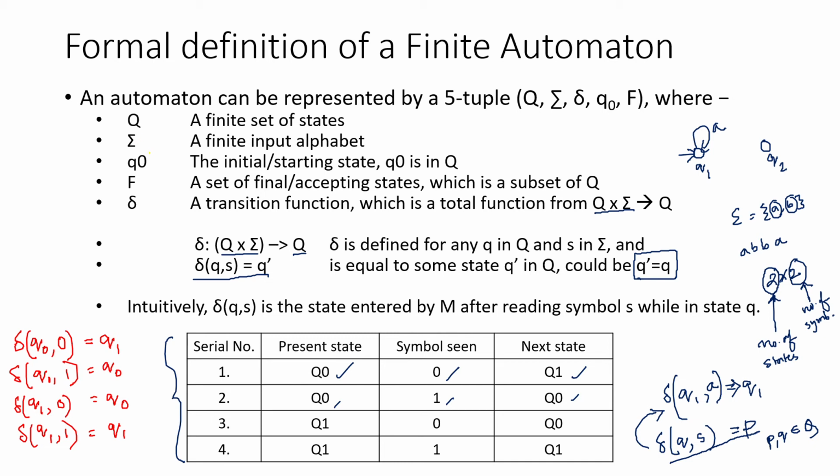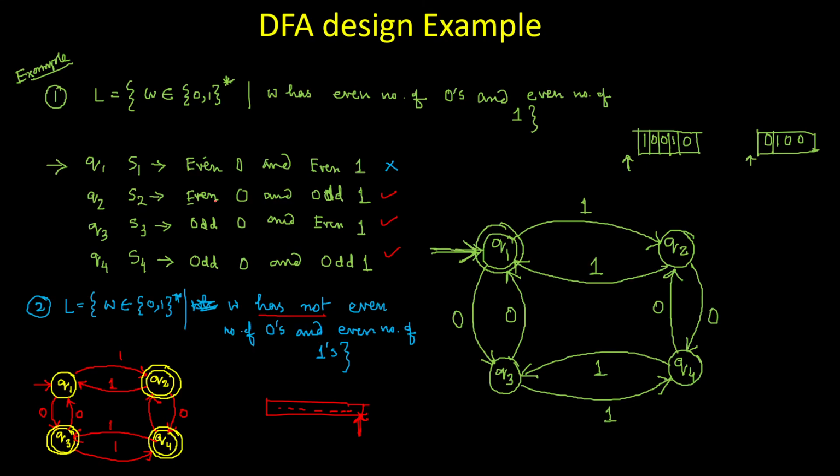This statement is a set of final or accepting states. Now why it is a set, I hope you can understand from this example. It can be a set of n number of states. This n can be 1, can be 2, can be 3, can be anything.